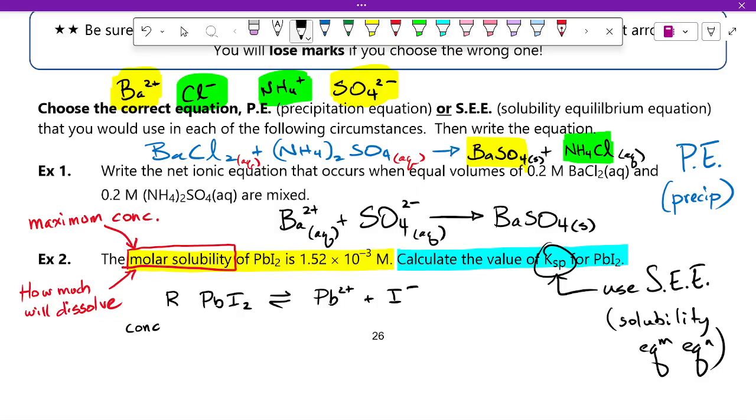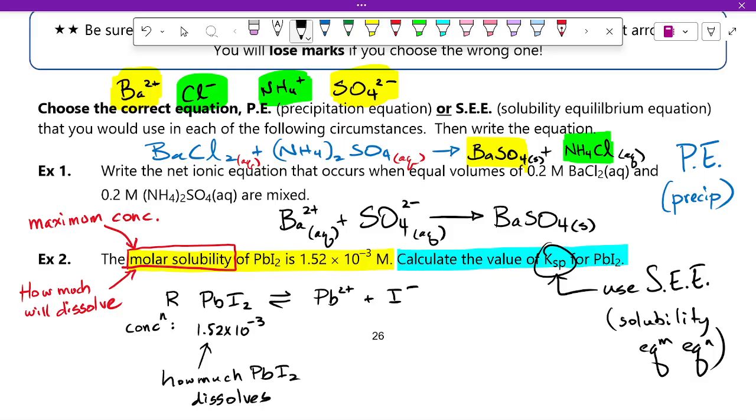Our concentrations. What is the concentration of lead iodide? 1.52 times 10 to the minus 3. That means that's how much dissolves. So how much? Ooh, did I do that right?